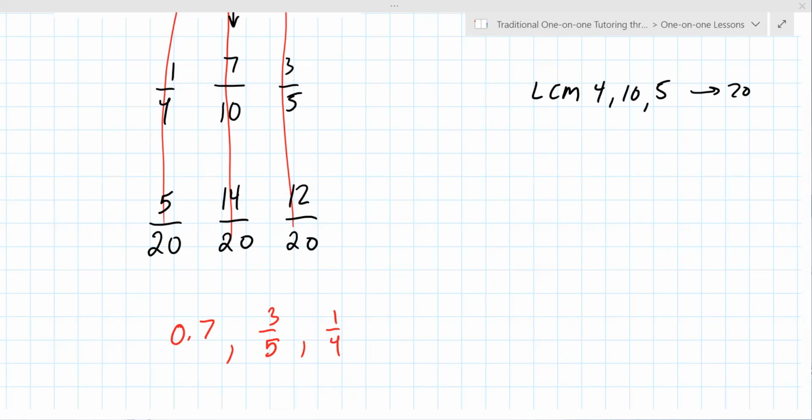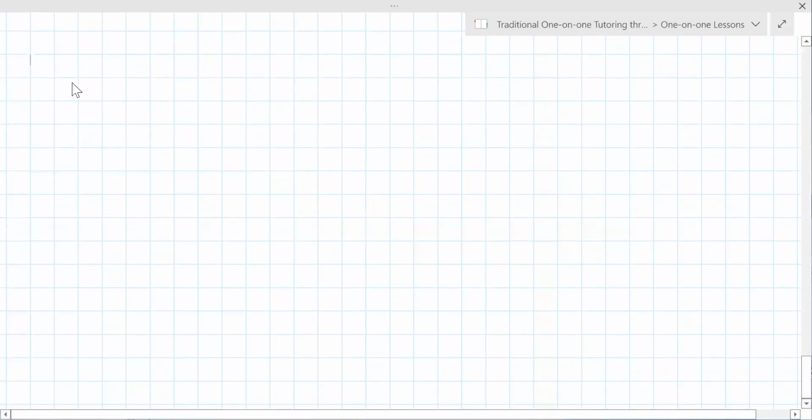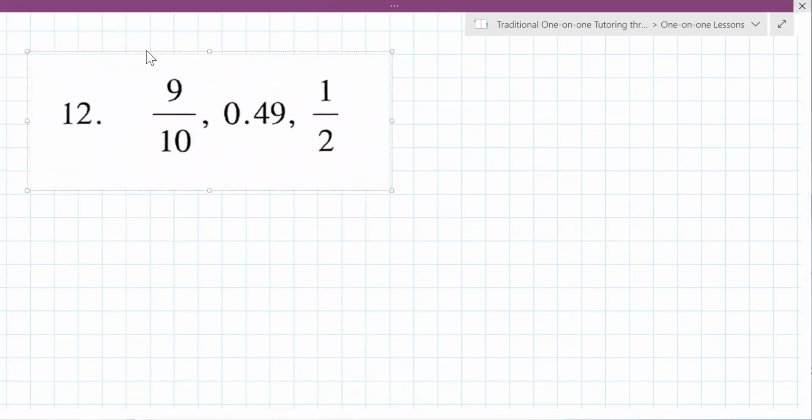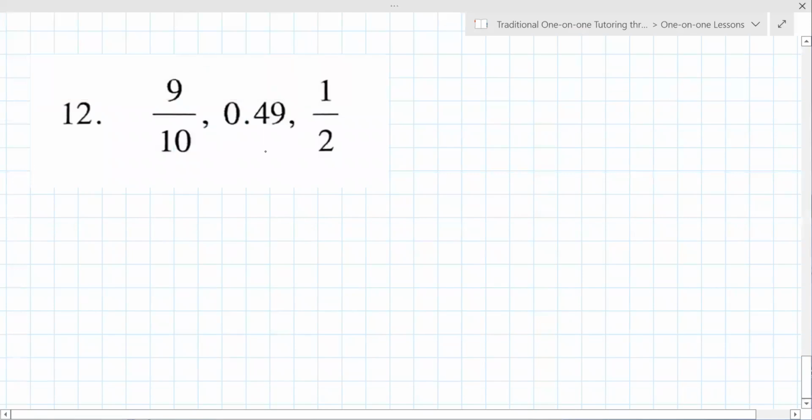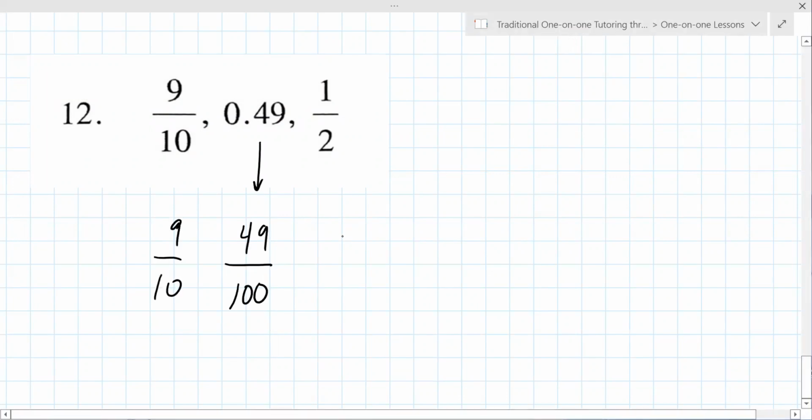Okay, so let's look at number 12 next, because it's very much like this one we just did. So I would again convert everything to fractions, especially if 2 of them are fractions. So this last one is 49/100. And then you're trying to find the least common multiple between 10, 100, and 2, and it is 100.